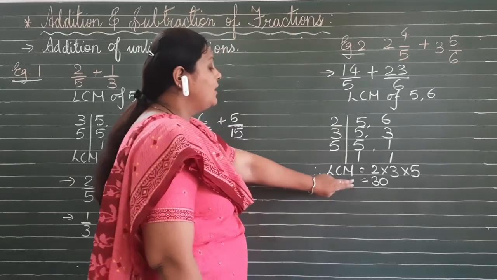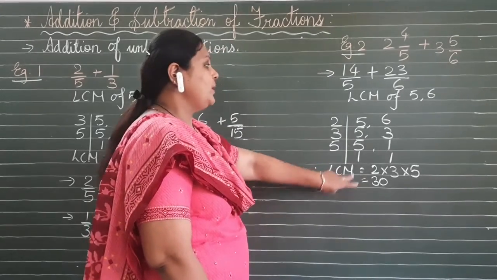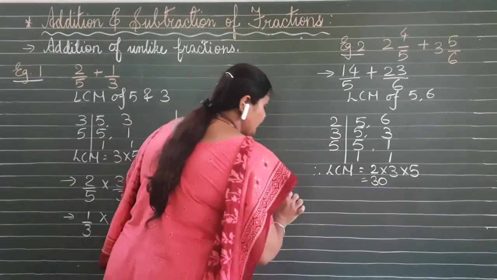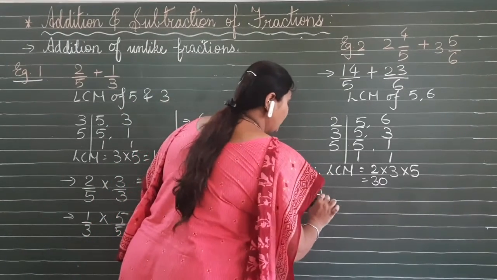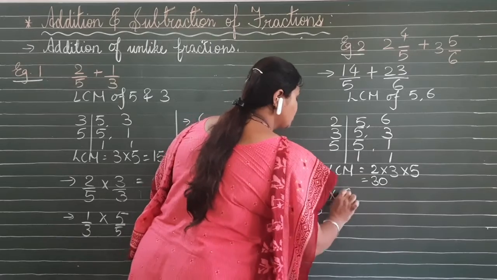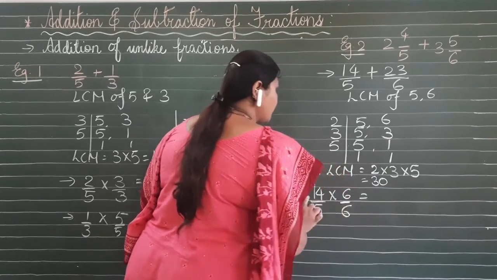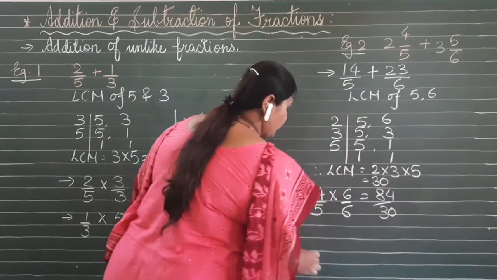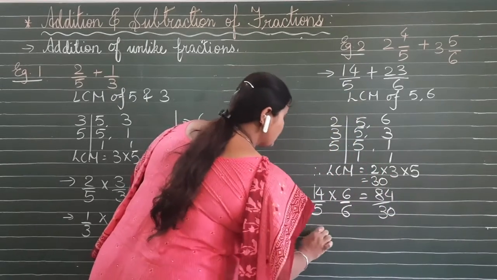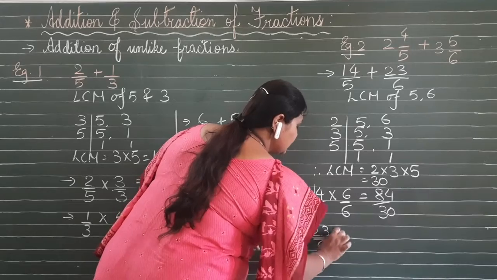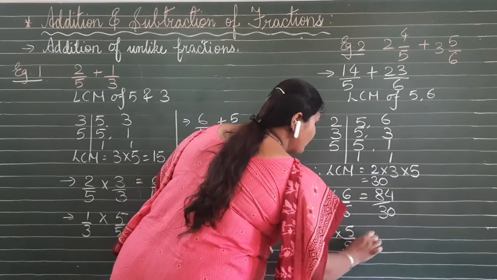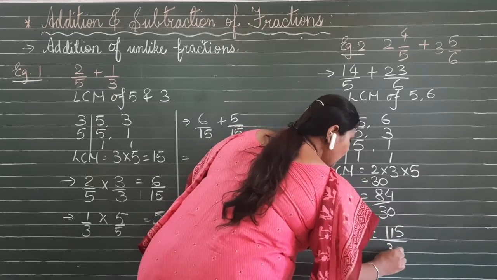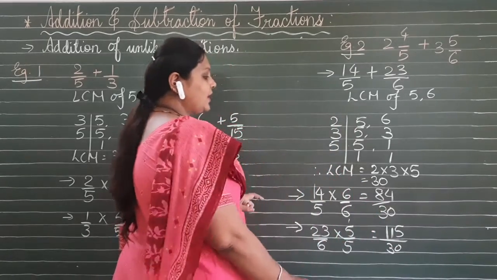Now we will make denominator equal, into 5 upon 5. 115 upon 30.